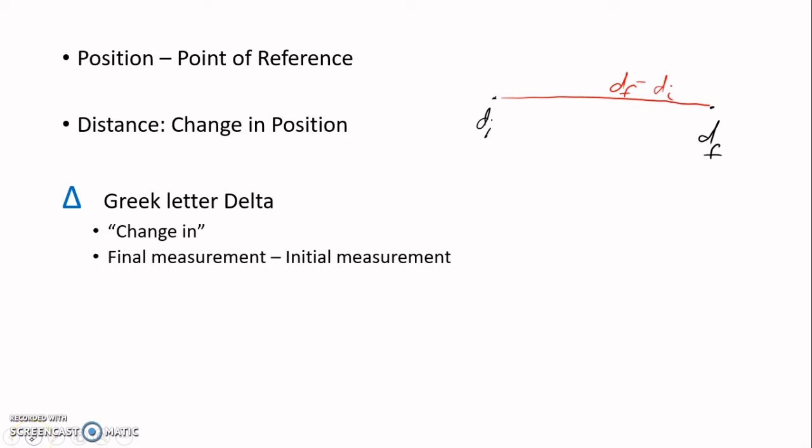If you notice in our example, that is exactly what we did. We took our final position minus our initial position. Another way to write this distance is merely the change in position, delta D, is equal to final position minus initial position, or distance is equal to final minus initial position.